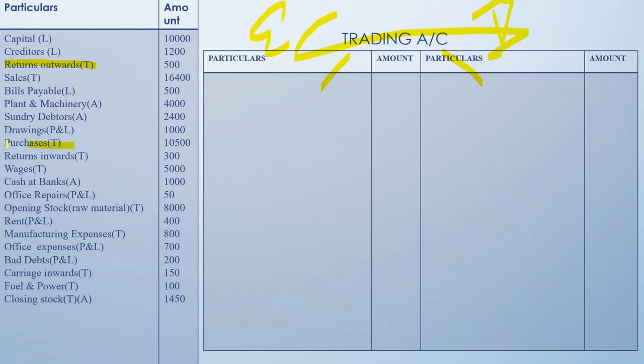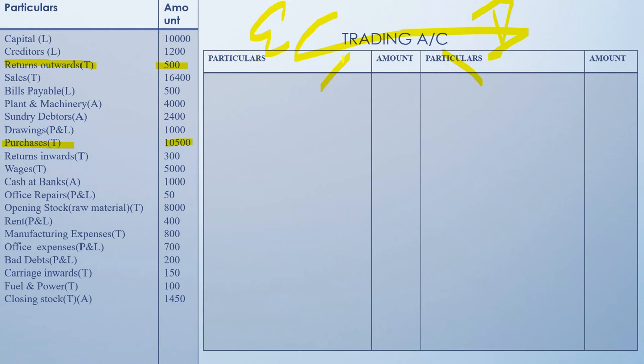So here the purchases: this business purchased goods at the cost of 10,500. From these purchases they identified some defects, so goods worth 500 are sent back to the suppliers. Here in purchasing, the goods are coming inside and the cash is going outside, so it is considered as expenses.